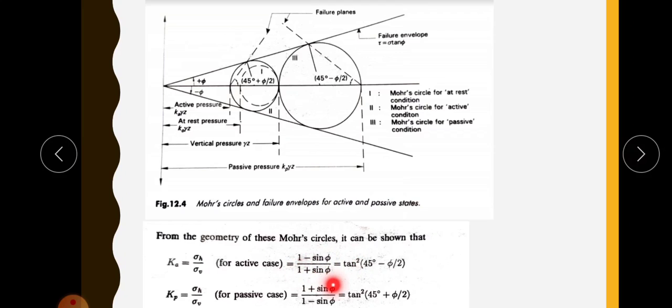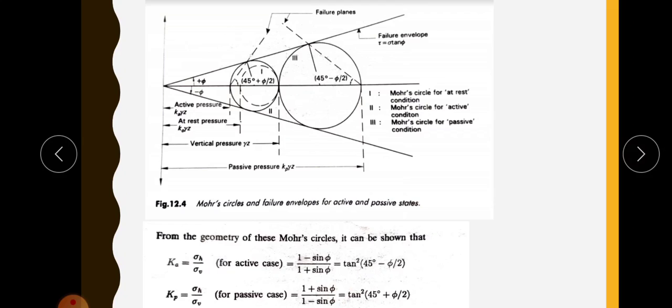Likewise in the passive case, earth pressure is increasing, so for the numerator it is plus: 1 plus sin phi by 1 minus sin phi. Like this you can remember the equations for Ka and Kp.